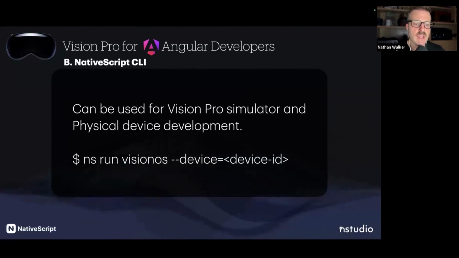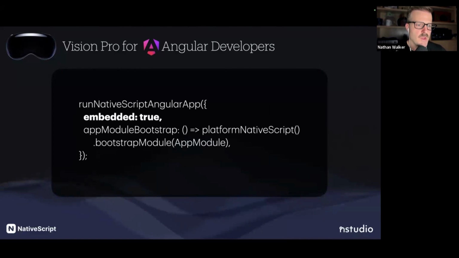It's the way I've developed on it before, and it's nice because you're not dealing with any network connections. You can get the device ID that way, and you can add that through the --device flag, and that will run it on the connected VisionPro. This is a snippet of code from the main TS file, the bootstrap of the Angular app into VisionOS, and this embedded flag is important.